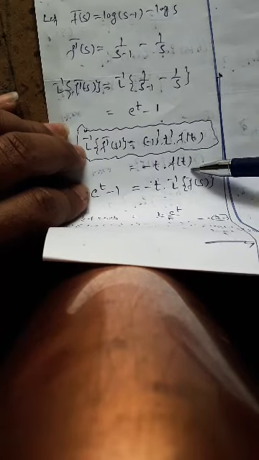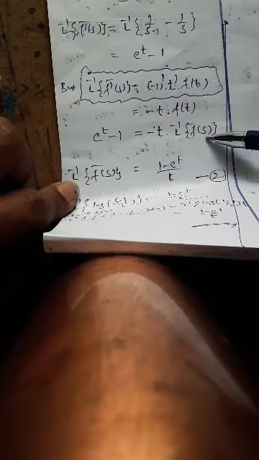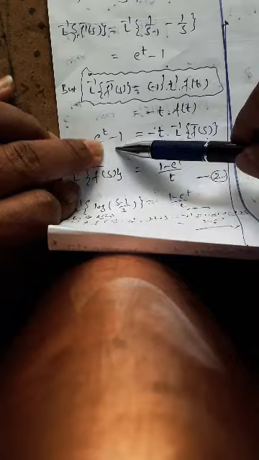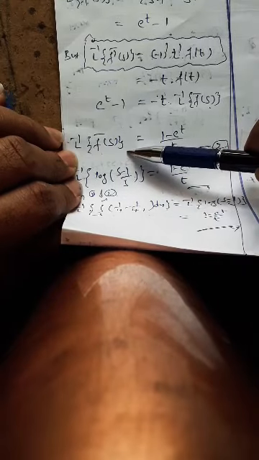Actually, what is f of t? It is L inverse of f bar of s. So L inverse of f bar of s is equal to e power t minus 1 by minus t, the minus signs cancel, 1 minus e power t by t. Now actually what is the f bar of s? In the last one we have taken it here. So already we have f bar of s is equal to log of s minus 1 minus log of s, so substituting it here, log a minus log b is log a by b.